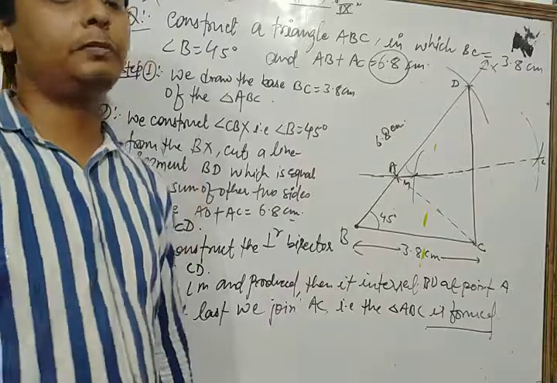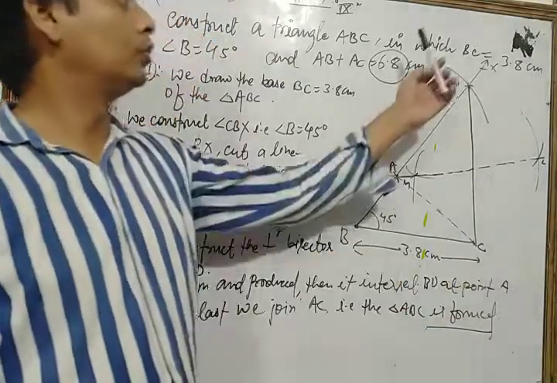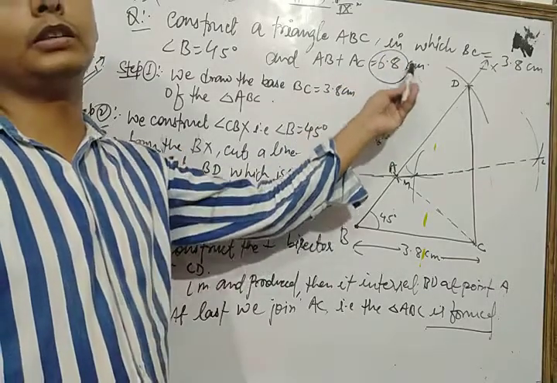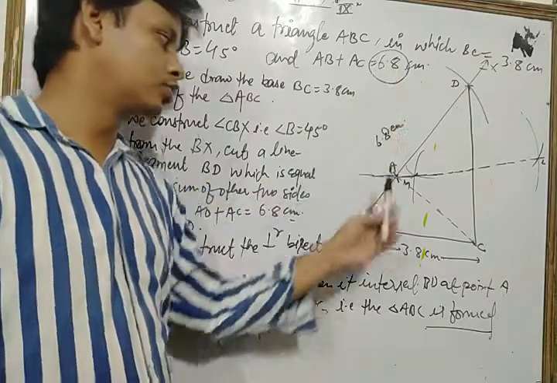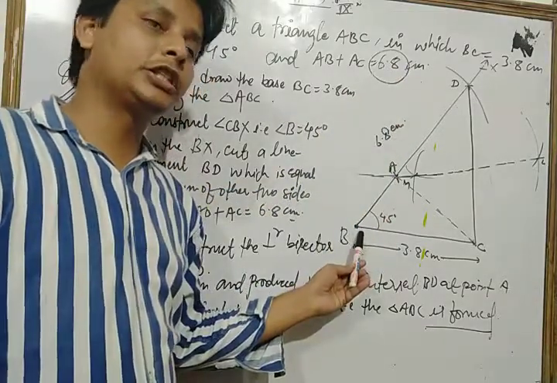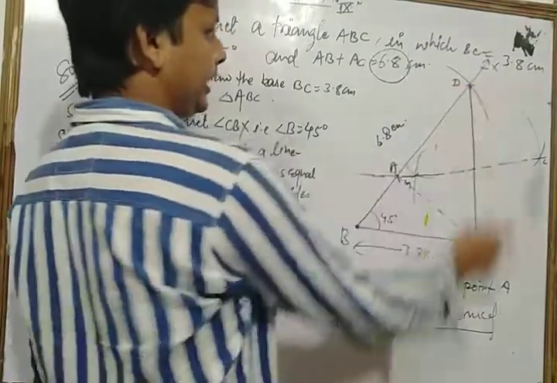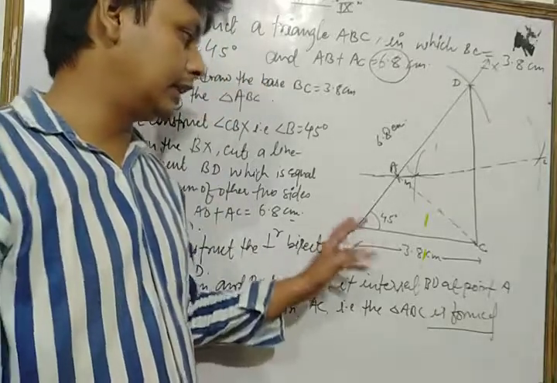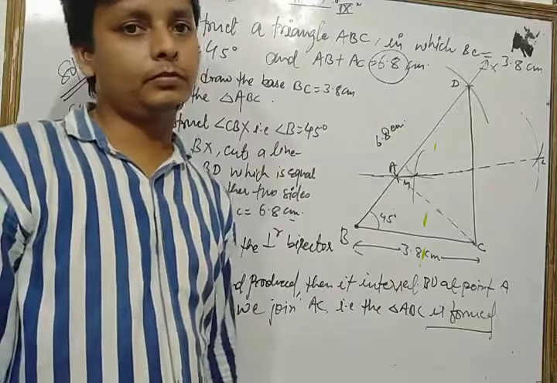Now after that, taking B as center and distance equal to the sum of the two sides, 6.8 centimeter, we cut an arc which cuts the ray BX at point D.